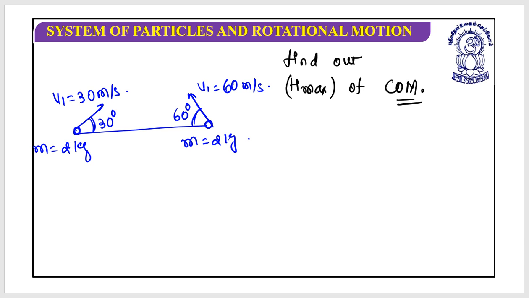Our diagram is representing two objects, one having mass 2 kg, which has been projected with a speed of 30 meter per second while making an angle of 30 degrees with the horizontal, while the other has the same mass. According to the mass, they are identical, but it has been thrown with a speed of 60 meter per second while making an angle of 60 degrees with the horizontal. So what I need to do is find out the h max of the center of mass.